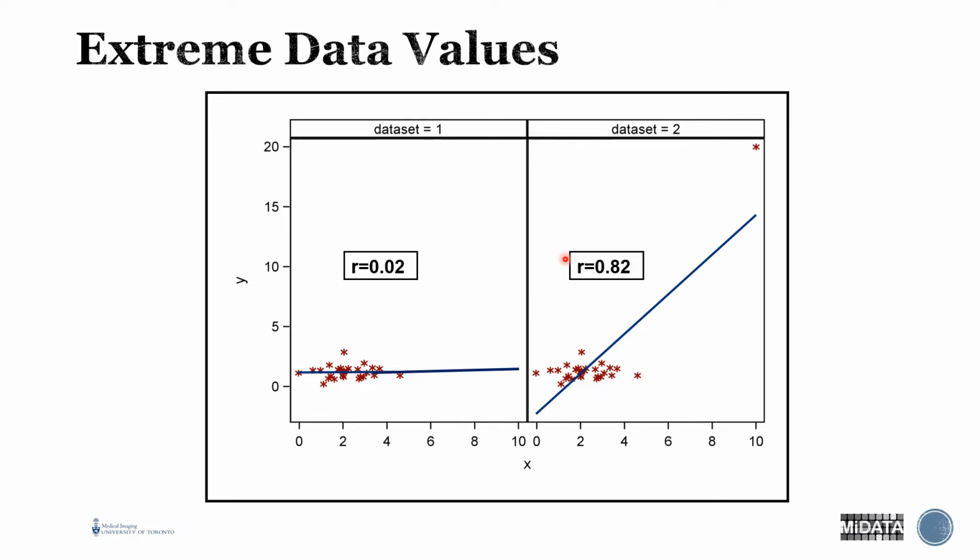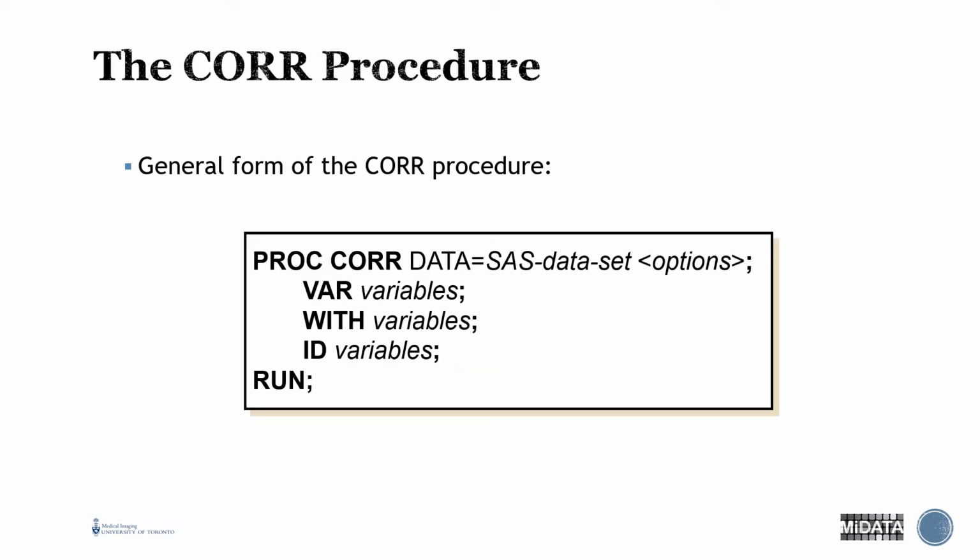Oh, excitement. Yeah, but be careful. Correlation, or simple regression, is very susceptible to outliers. Here, of course, is what we use in order to calculate correlation in SAS, the proc corr procedure, which we've seen before.